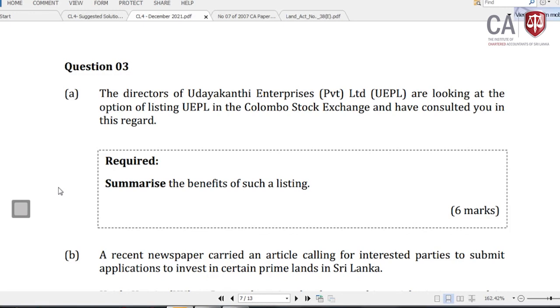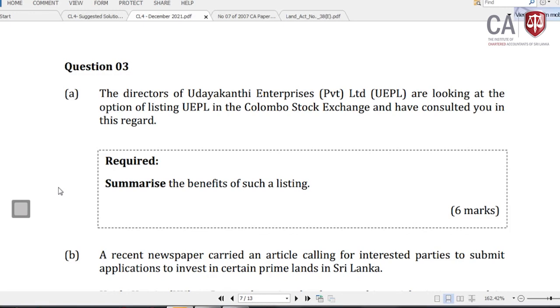Refer to those pages, then you will be able to find the benefits of listing this particular company in the Colombo Stock Exchange. So if I may give you some of these benefits, one is listed securities are preferred by investors as they have better liquidity.